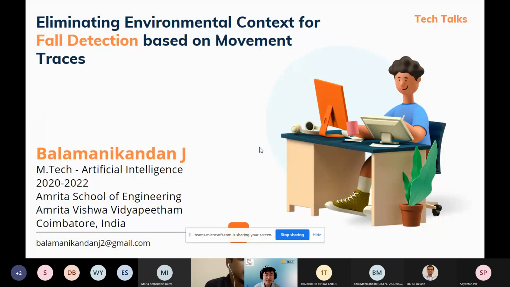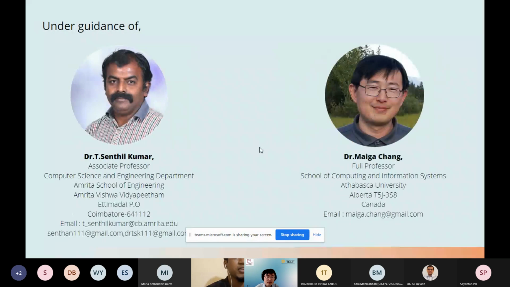I'm Bala Manikandan. I'm doing my MTech at Amrita University in India. I'm doing this research on fall detection where we eliminate the environment and only look into the trace of the person to predict whether they are falling or not. I'm doing this project under the guidance of Professor Mayank and Professor Senthil Kumar from my college.